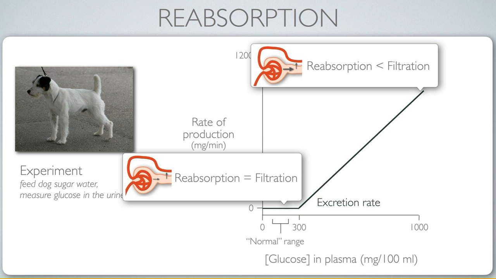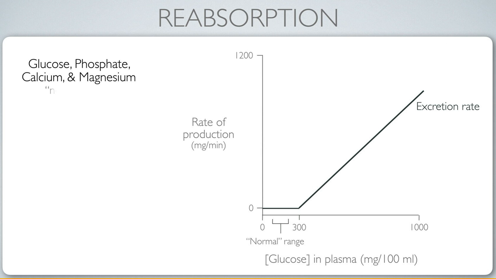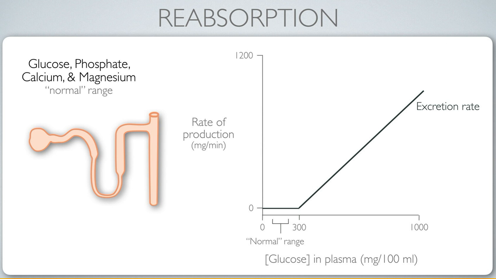So this is a characteristic curve not just for glucose, but for other nutrients that are reabsorbed in the nephron. So for glucose, phosphate, calcium, and magnesium under the normal range, you have a rate that is filtered, okay, at a rate of 100 milliliters per minute.